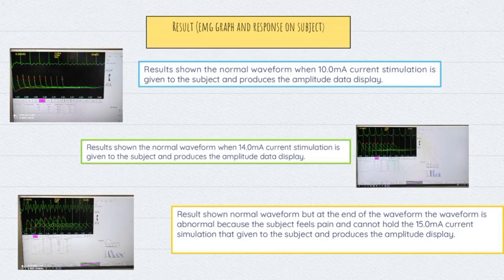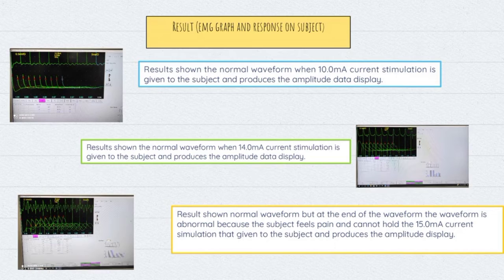Result: EMG graph and response on the subject. Firstly, results show the normal waveform when 10.0 mA current stimulation is given to the subject and produce the amplitude data display. Second, results show the normal waveform when 40.0 mA current stimulation is given to the subject and produce the amplitude data display.